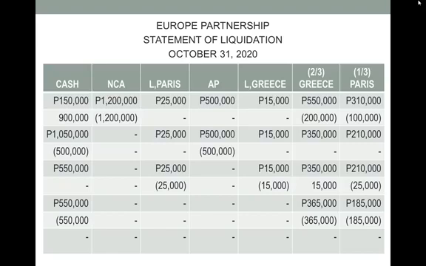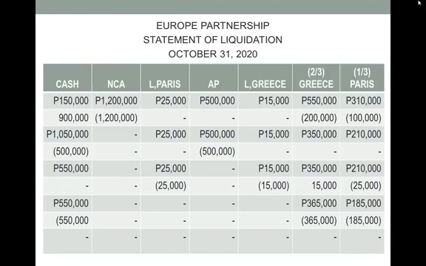As you can see, the 15,000 is added, while the 25,000 is deducted. Now the balances: cash 550,000, capital balance of Greece after the settlement of loan is 365,000, and for Paris, the capital after the settlement of loan is 185,000.